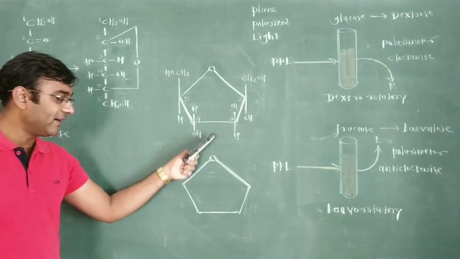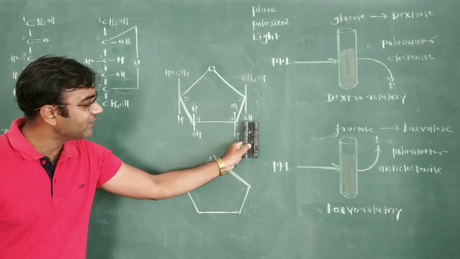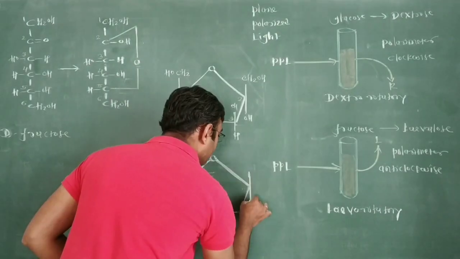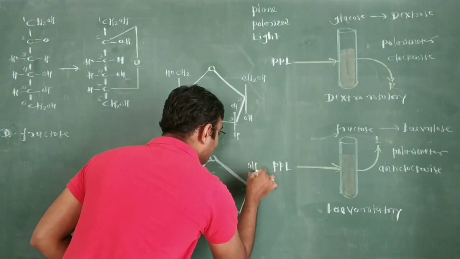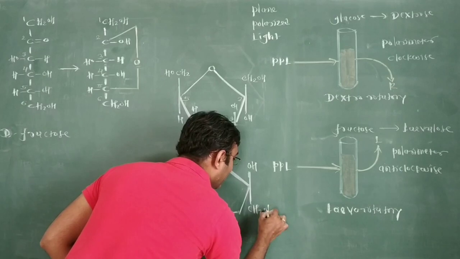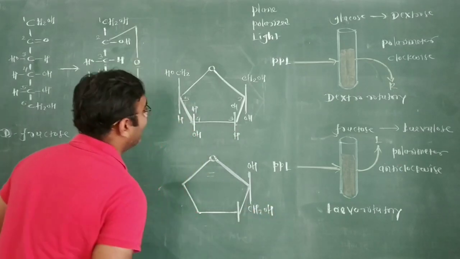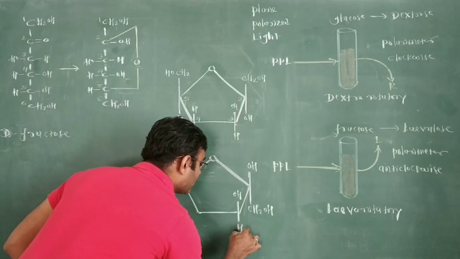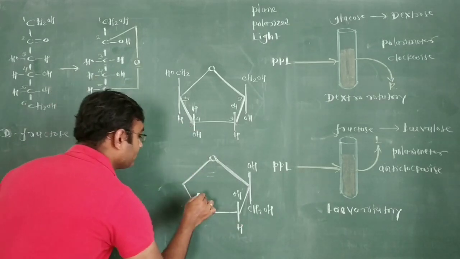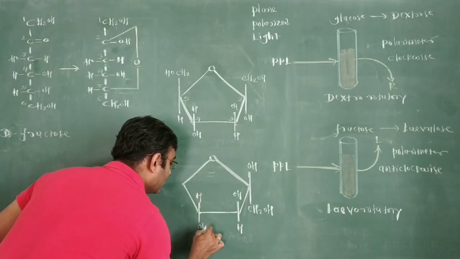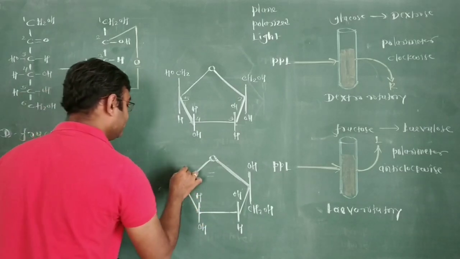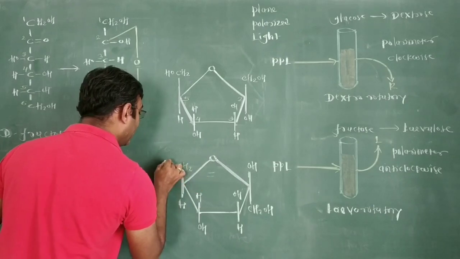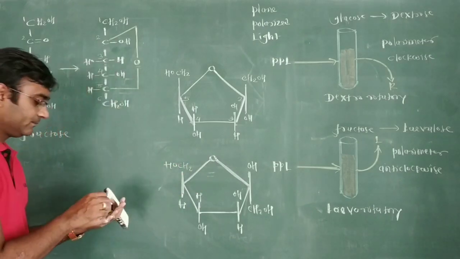Now this is alpha, so how to write beta? Shift this OH to the upper side. OH, CH2OH. Rest of the structure remains as it is. At the third carbon OH, H. Fourth carbon H and OH. Fifth carbon H downside and CH2OH upper side.